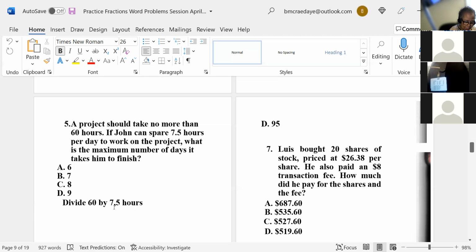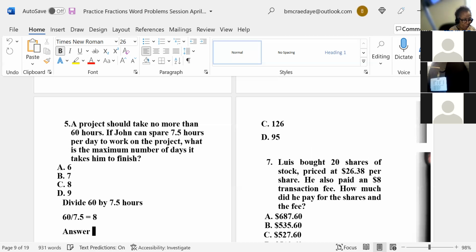So you'd have 60 divided by 7.5, and that's equal to 8 days. So your answer would be what?